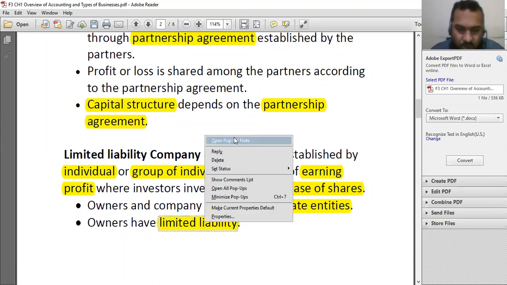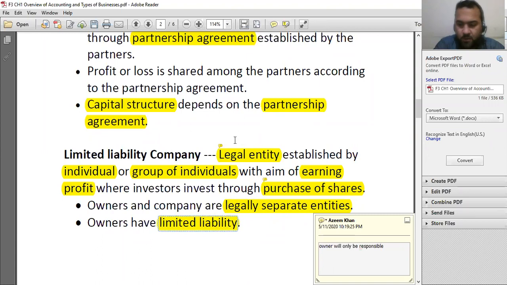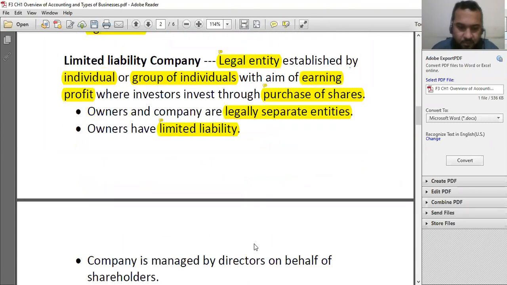While in case of limited liability, the owner will only be responsible for the amount of investment, the shares amount. So the owner will not be responsible to use his or her own personal wealth to pay the dues of the company. This is called limited liability.